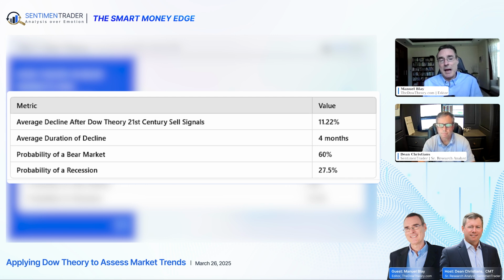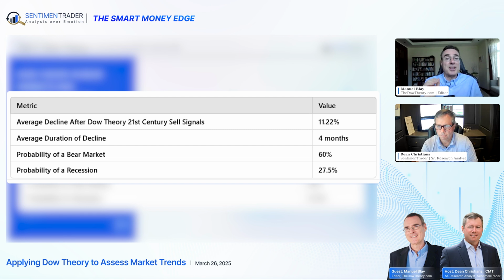We also know that the average duration of the decline is 4 months. Sometimes it's less, sometimes it's much more. And very importantly, the probability of a bear market following a Dow Theory sell signal is 60%. So in other words, you should take Dow Theory sell signals seriously.